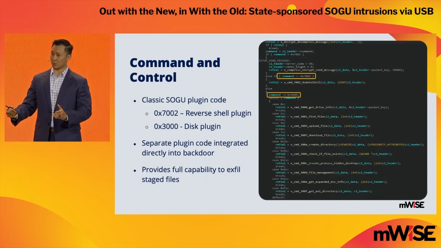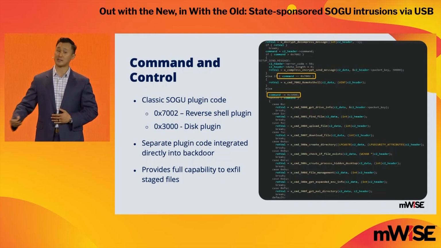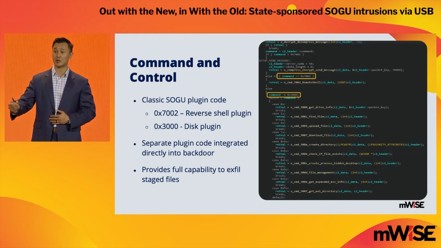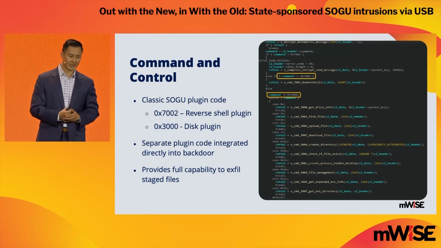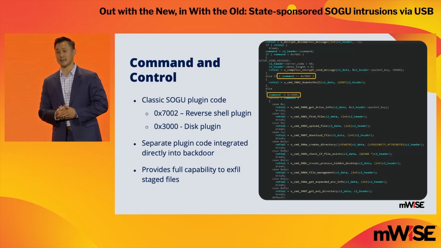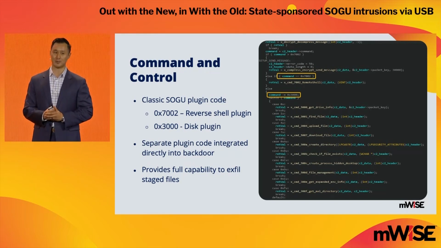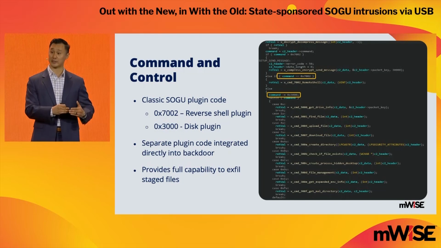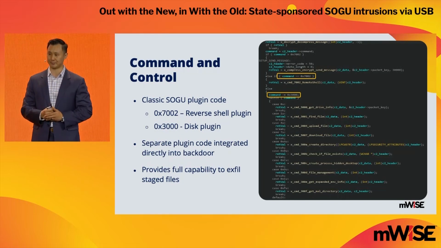So the screenshot on the right is the area of code within this variant that receives a command from the C2 server, decrypts it, parses the command, and executes the appropriate action. The first highlighted block is hex 7002. That's a classic SOGU reverse shell command, and that command and the associated code have been taken from the plugin and integrated into the core backdoor.